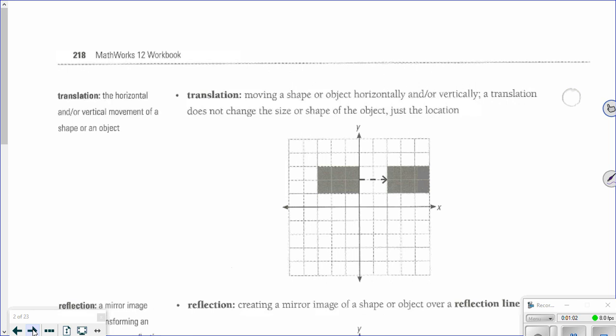Okay, the first one we're going to talk about is a translation. Translation is when we move a shape or object horizontally and/or vertically. The thing to remember about a translation is it does not change the size or shape of the object, just the location. So it's kind of like we're sliding the shape around the page without turning it.